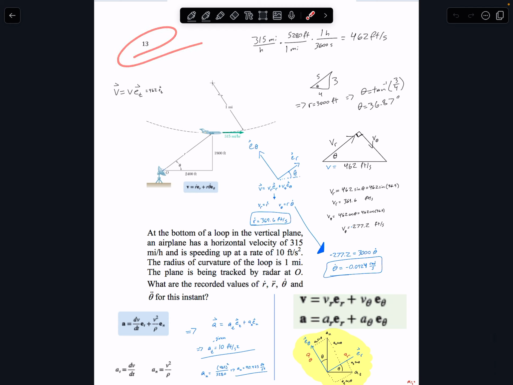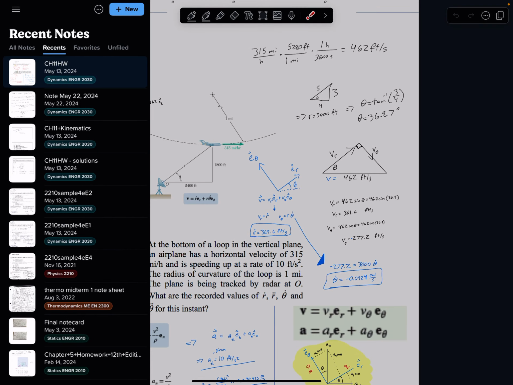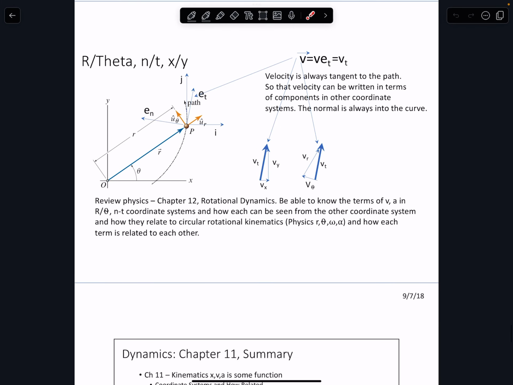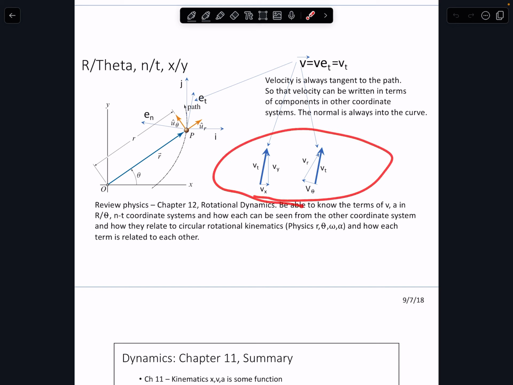Number 13. I know in the slideshow I'm not sure why I didn't do it before or while looking over the homework, but I need to go over radial accelerations again. See it right here, review physics, chapter 12, rotational dynamics, and just trying to understand this part right here and how all of that is related better.